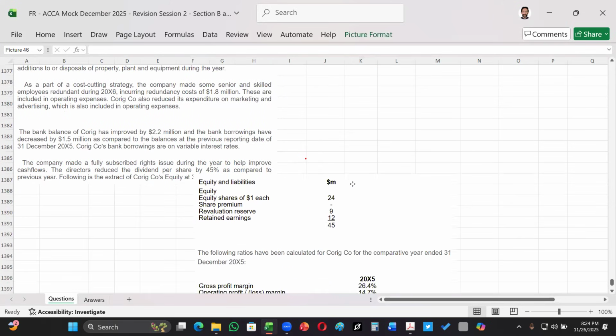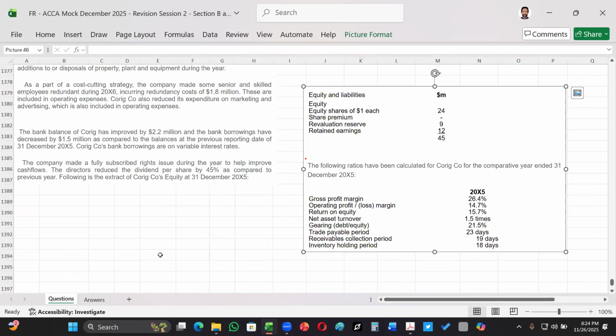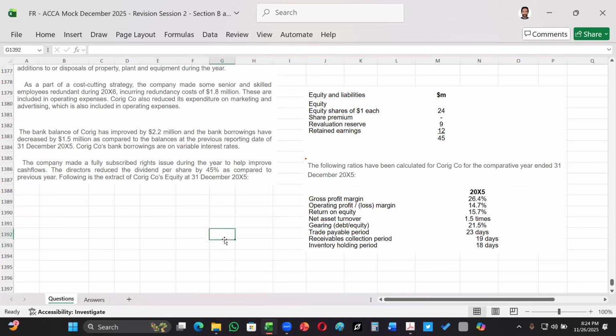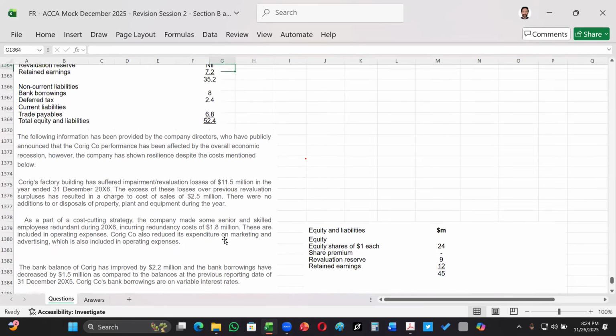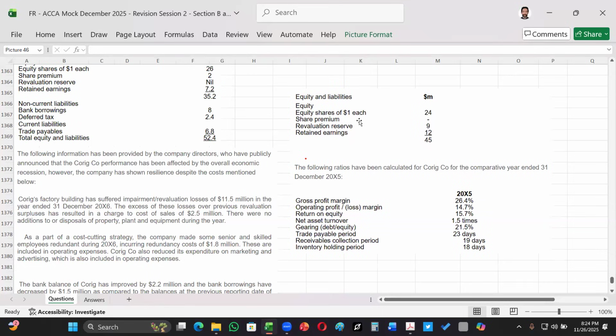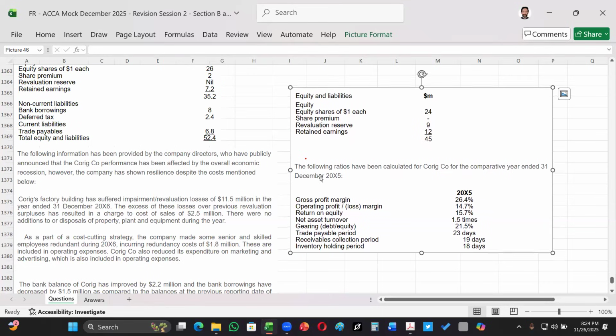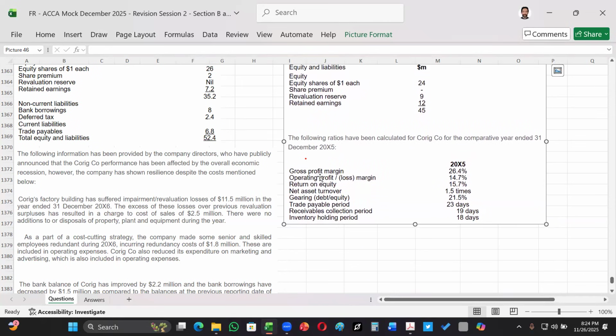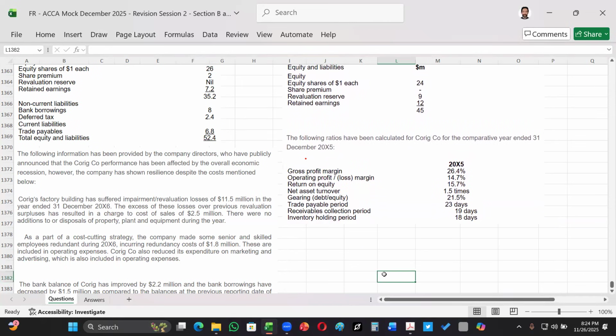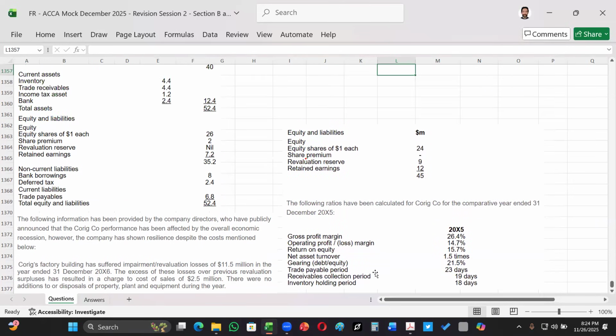It will be really useful if we could put the information in front, so that we could compare things and understand the changes. This is the equity for the previous period, and we have certain ratios as well, so we're going to be calculating the ratios.